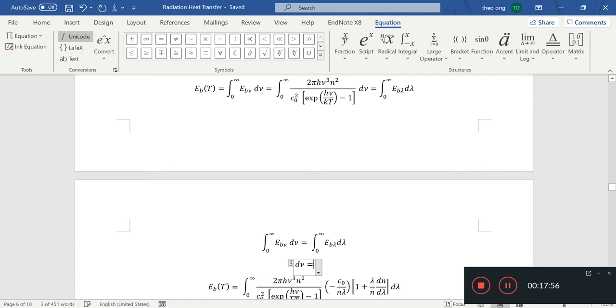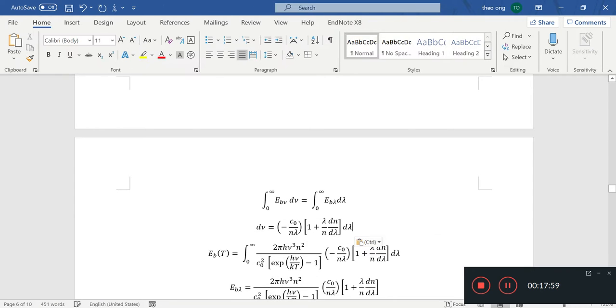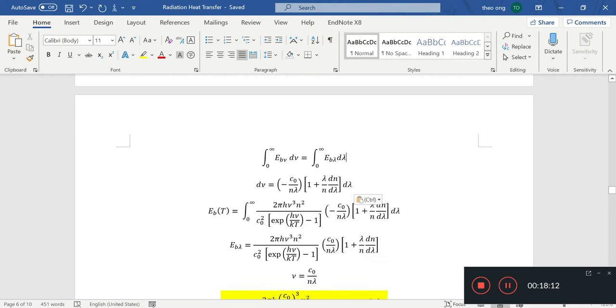this expression. Alright, of course you have to change the limits here from 0 to infinity as well, so there'll be a negative sign.